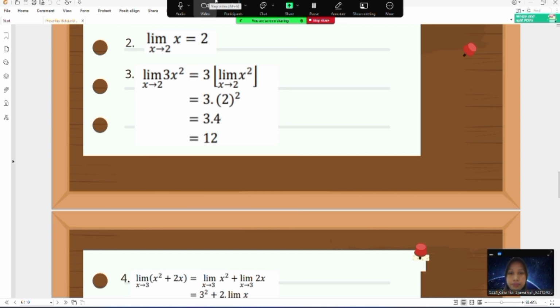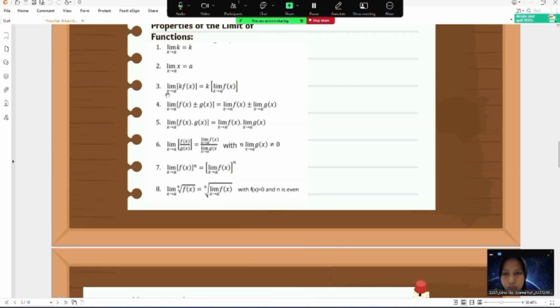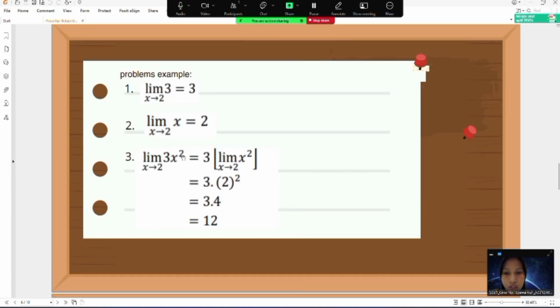Okay, for number 3, the limit as x approaches 2 for 3x squared. As I explained before, with this kind of property we have to move the constant to the front so that only the variable remains.